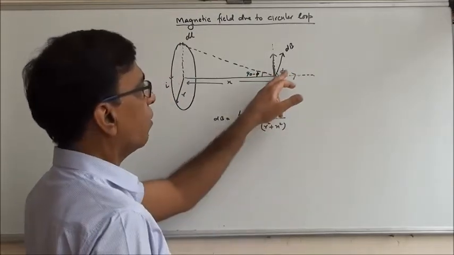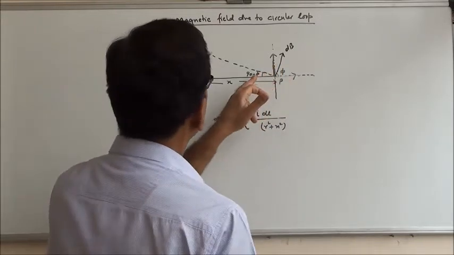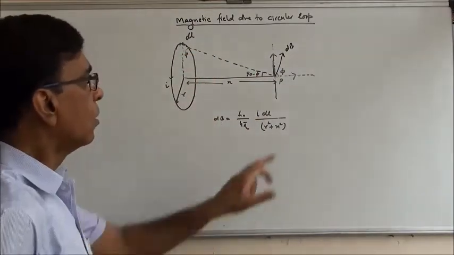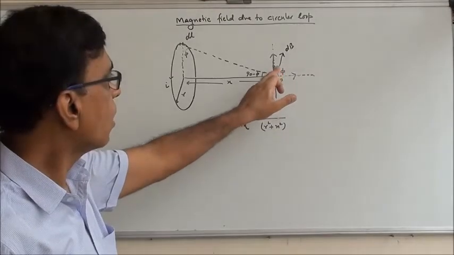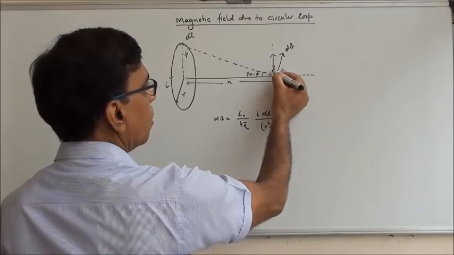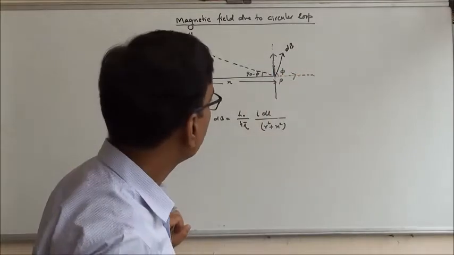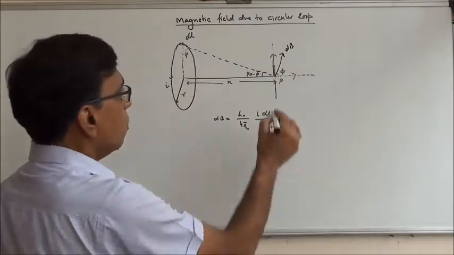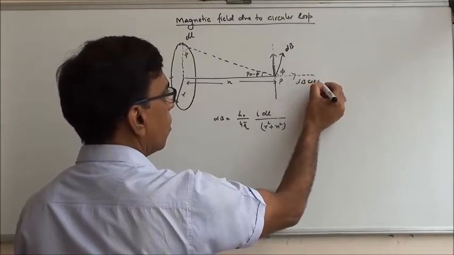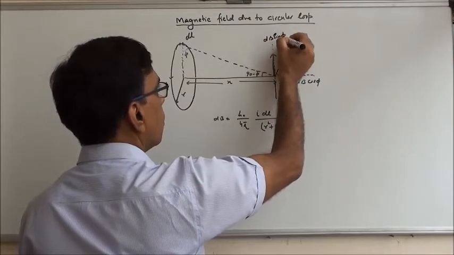It's not necessary that we give phi this. We can write phi this, then it will be 90 minus phi. It doesn't matter. Understand this now. Phi, this is 90, so it becomes 90 minus phi. And this is perpendicular to this, so this becomes phi. And this will be 90 minus phi because these two are 90 degrees. Okay. So, this will be dB cos phi and this will be dB sin phi.